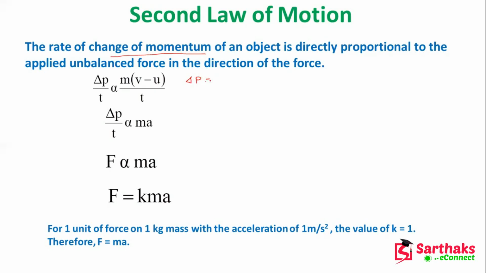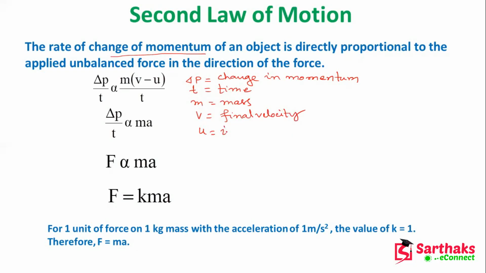Here, delta P is the change in momentum, T is the time, M is the mass, V is the final velocity, U is the initial velocity, A is the acceleration, and F is the force. Okay, so remember this.